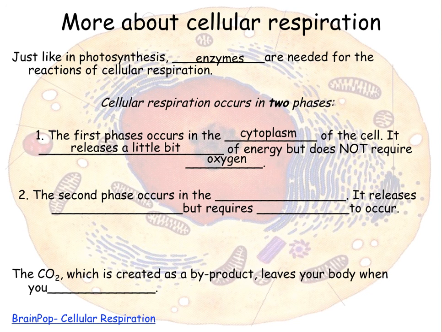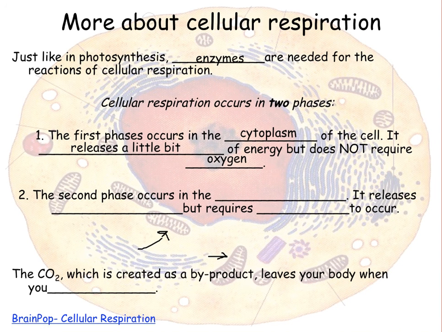However, in order to complete the process of cellular respiration and get all the possible energy out of the glucose molecule, we need a second phase. In the second phase, the now partially broken down glucose molecules go into the mitochondria. You can see some of those here, and here, and throughout the picture.